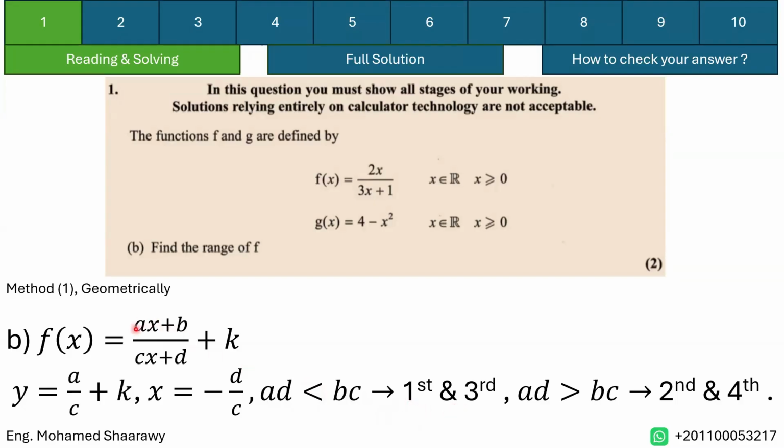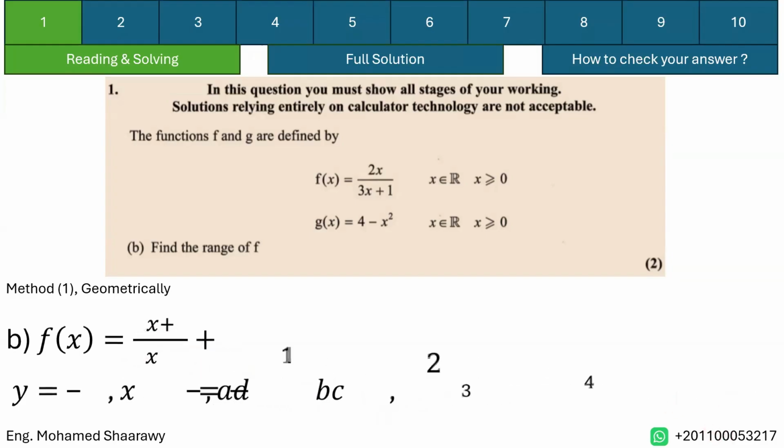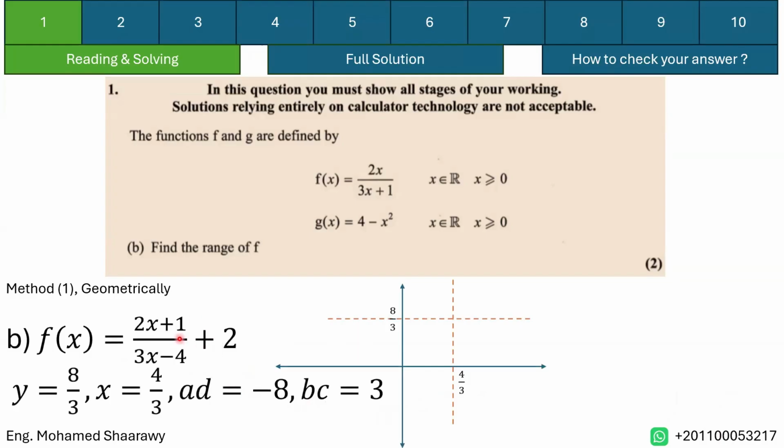And if AD is greater than BC, you draw in the second and the fourth quads. So for example, in this one, we have AD equal negative 8, and BC is 1 times 3, which is 3. Now AD, which is negative 8, is less than BC, which is 3. So we draw in the first and the third quads. So our drawing will look something like this.